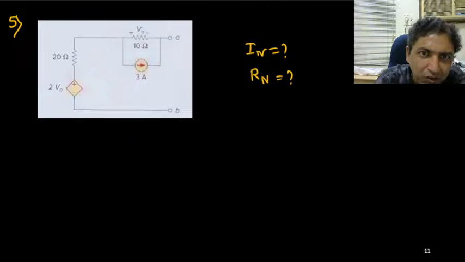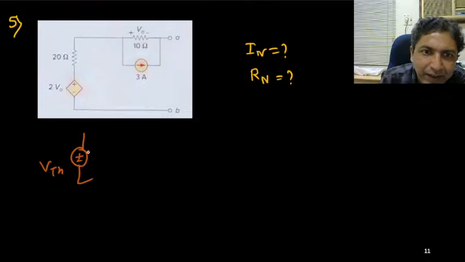So it is not on current and not on resistance, you need to find out. The same approach you can take. First you can find out VTH, RTH. So for this circuit you can find VTH and RTH if you are comfortable with Thevenin only.